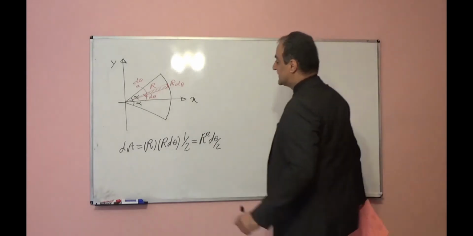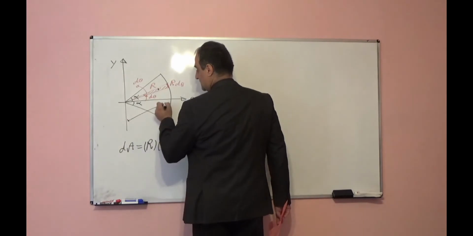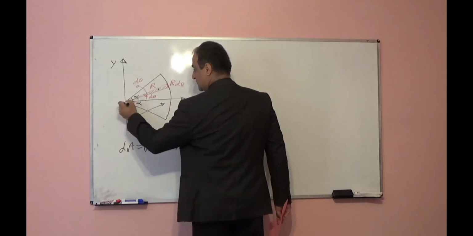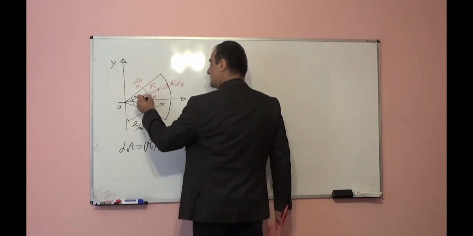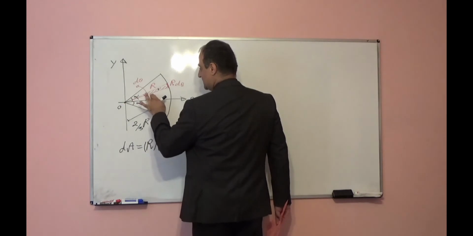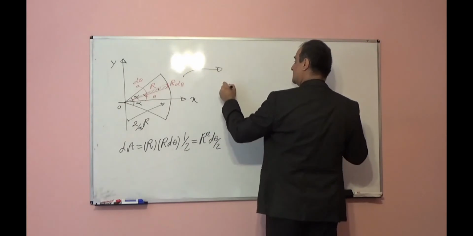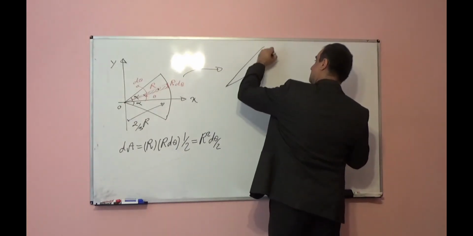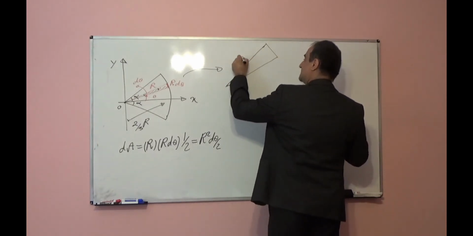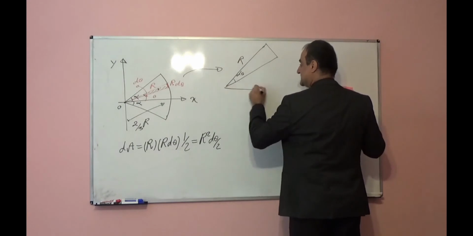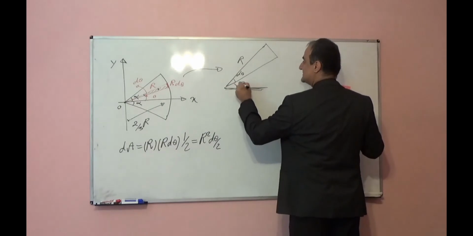Then the centroid for this triangle will be here. With respect to the origin O, it will be 2 over 3 r. Because this angle is theta, if I draw this differential element bigger, it is like this. This is d theta, the radius is r, and this angle with the horizontal direction is theta.